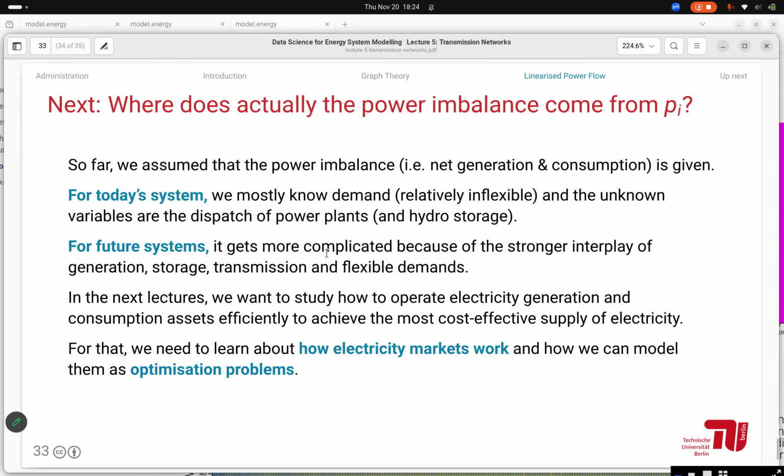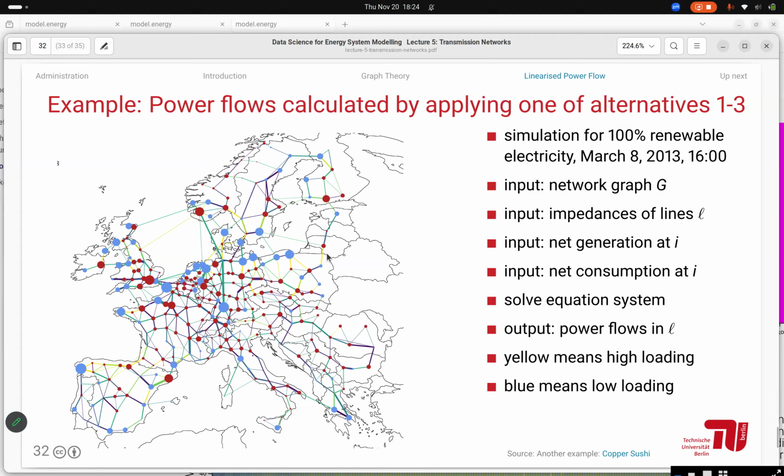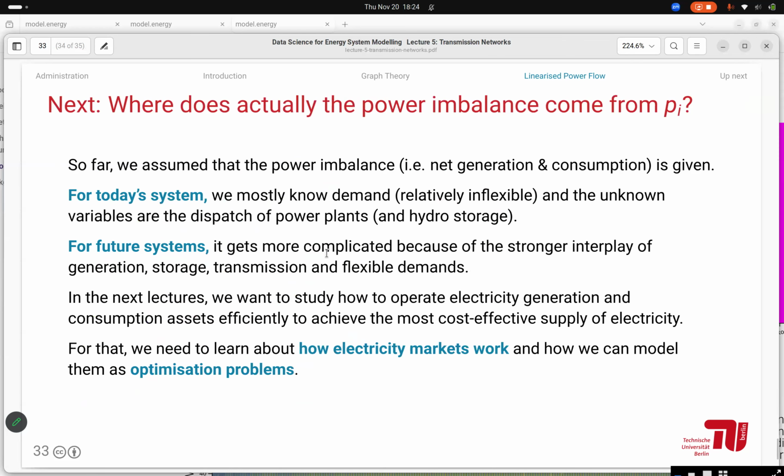So yeah, where does this leave us? One thing that we kind of glossed over was the PI. Where do we get the PI from? That will be most of our focus for the upcoming weeks, where we use methods of optimization and try to understand a little bit how electricity markets work.